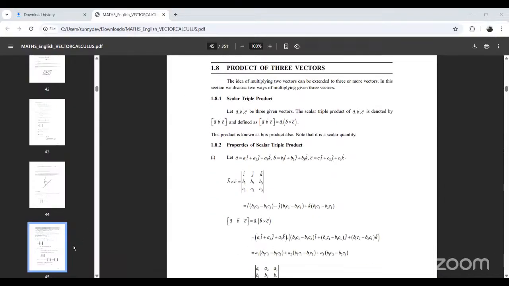Next, the important one. Up to now, we discussed only the product of two vectors, either dot product or cross product.